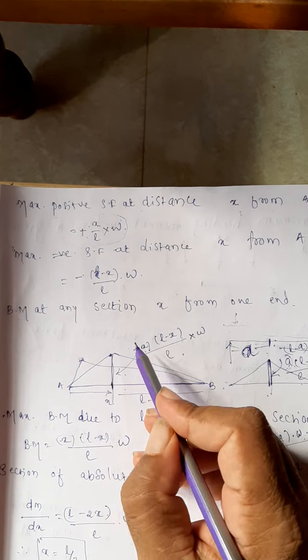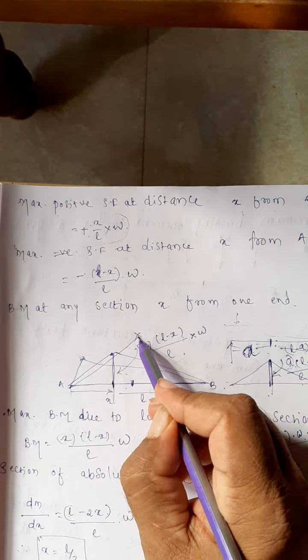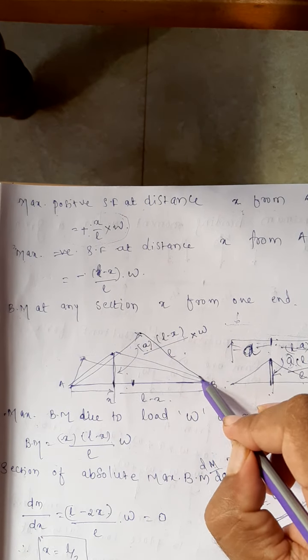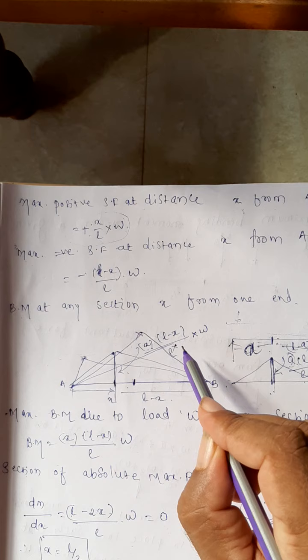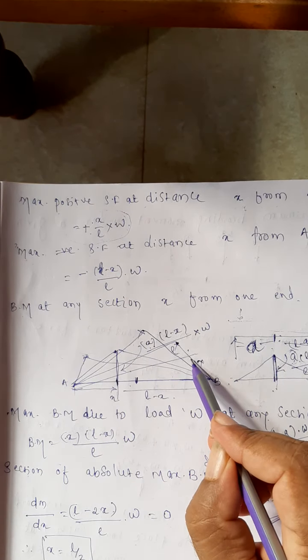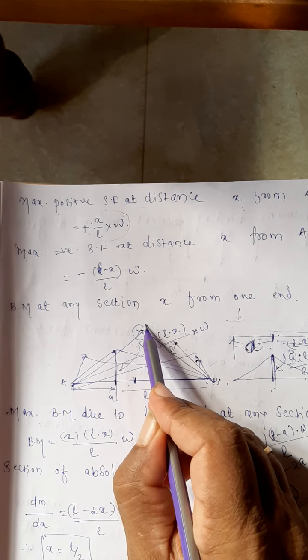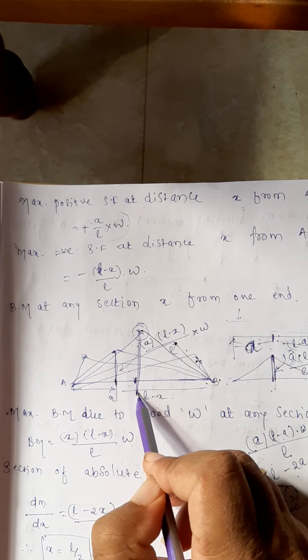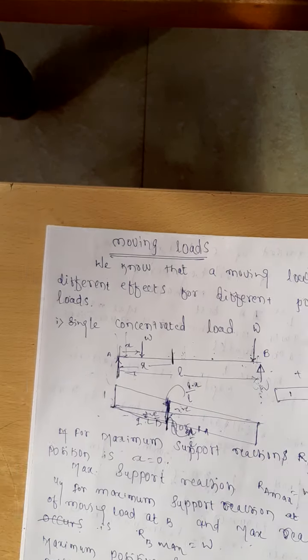In between, if I draw it at the center, the bending moment diagram will appear like this. If you draw it at some other point, it will appear like this. At some other point, it will appear like this. What is the conclusion from this one? Maximum will occur at this particular section, X is equal to L by 2.